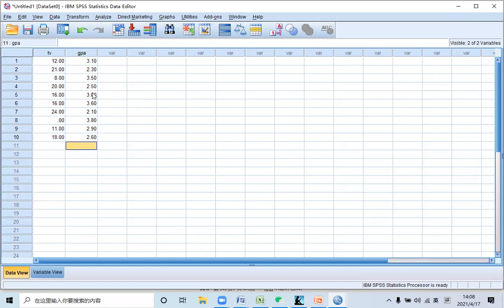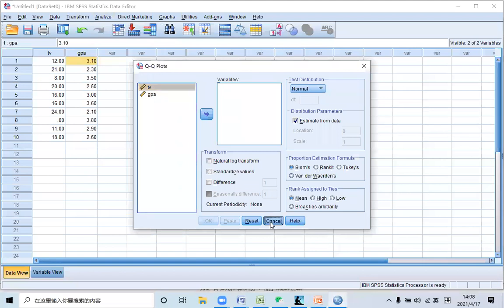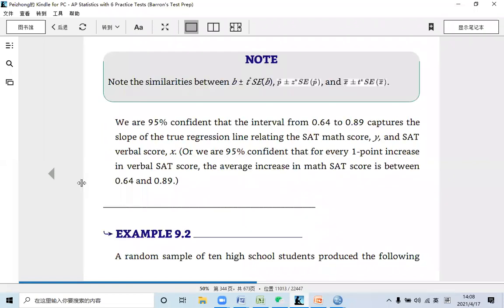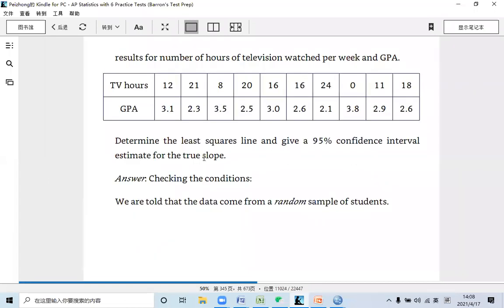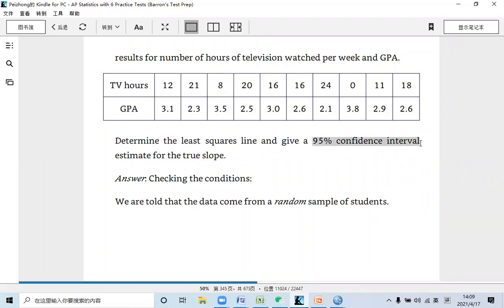All right, so you've got the data. We're trying to get the regression formula, right? So how do we get it? We are trying to get the slope, and we're trying to get the 95% confidence interval for the slope.